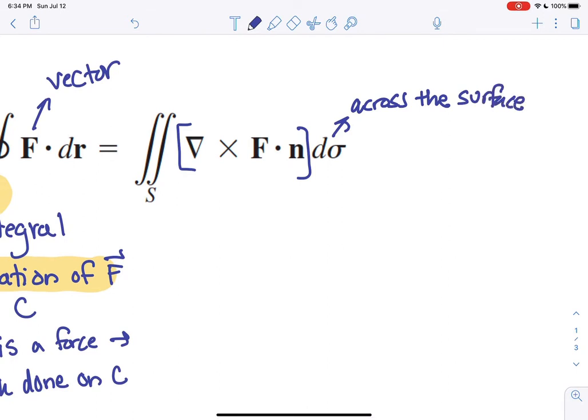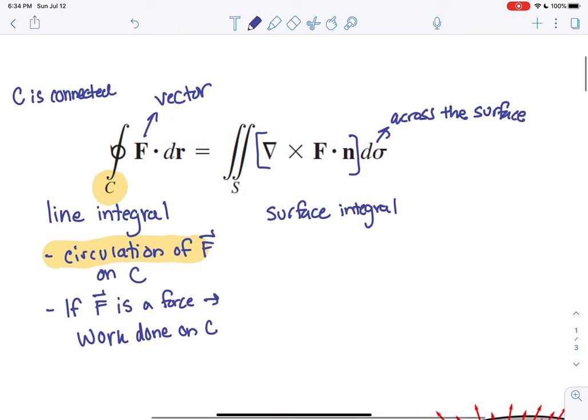It's saying it's equal to a surface integral where C, the line integral path, is the boundary of the surface on the right-hand side. So S has the boundary C. The path that you take in the line integral is equal to a surface integral over the surface enclosed by C.